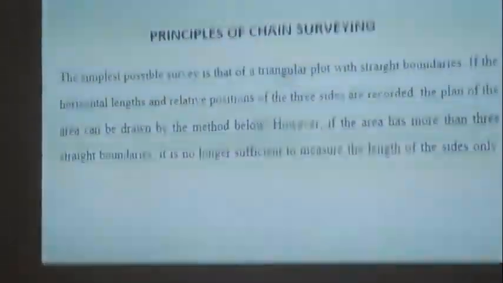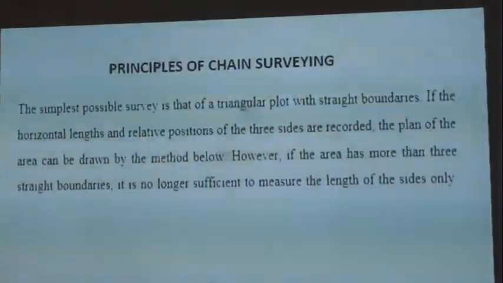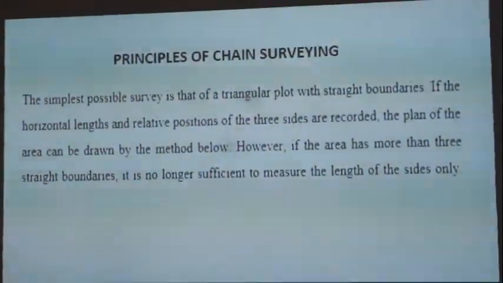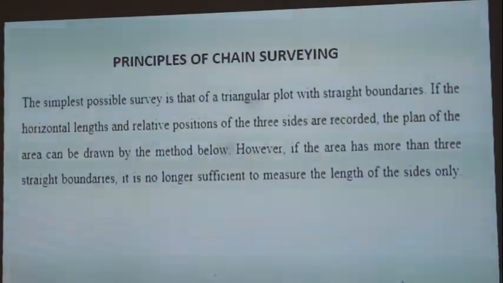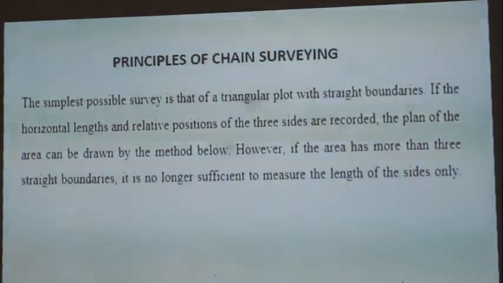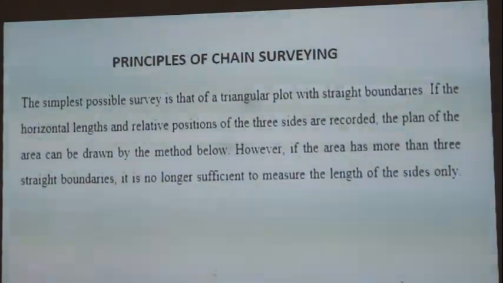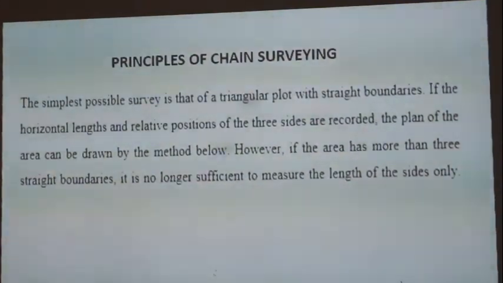Now look at the principles of chain surveying. The principle of chain surveying is that if you can measure any three sides and you can plot them, then we can fix position.